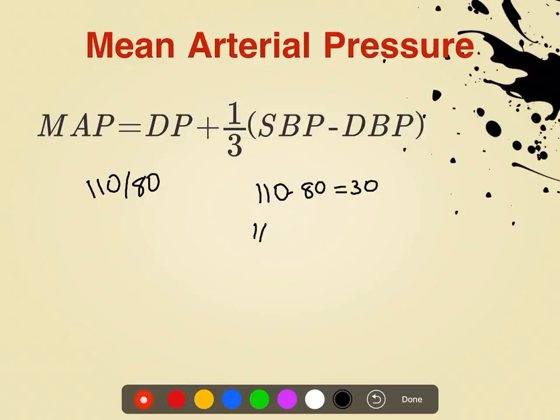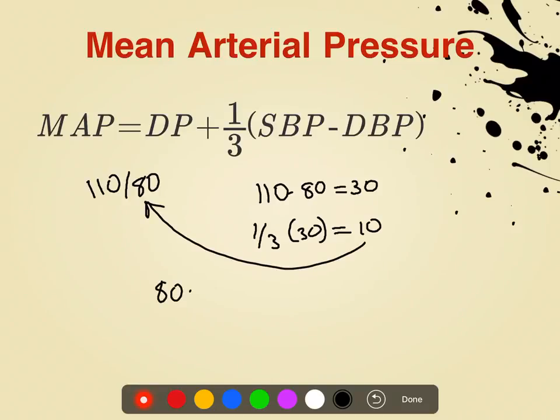If I take 1/3 of 30, I get 10. And then add that back to my diastolic blood pressure. So I get 80 plus 10. So I would have a mean arterial pressure of 90. Not really all that hard to do, but our machines can do it almost instantaneously for us, and that's kind of nice.